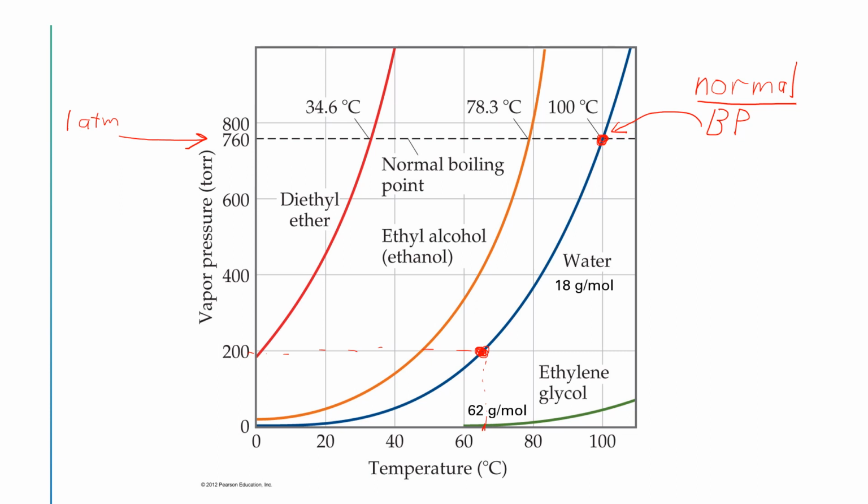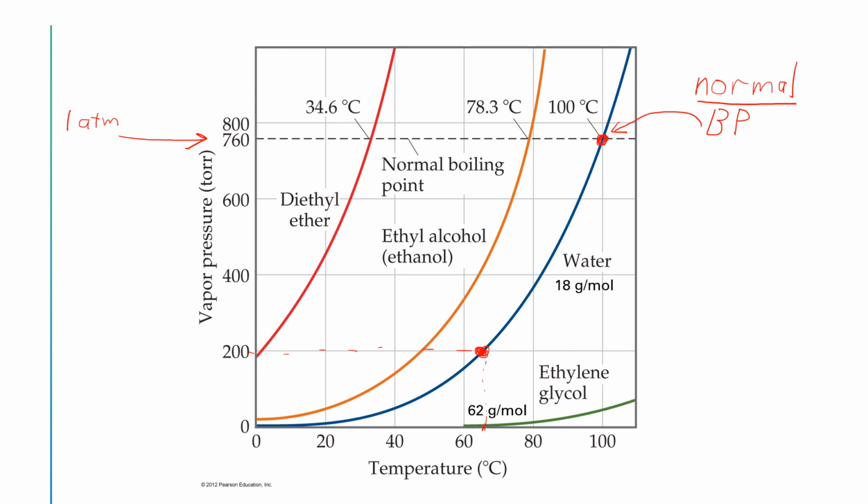So this is saying that if we reduce the pressure on our water sample to 200 torr, that water is going to boil at 65 degrees. We see this in the real world a little bit less dramatically. If you go to high elevations, so if you travel to Denver, the mile-high city, water will boil at a temperature less than 100 degrees.